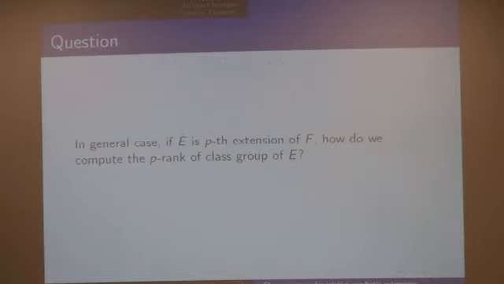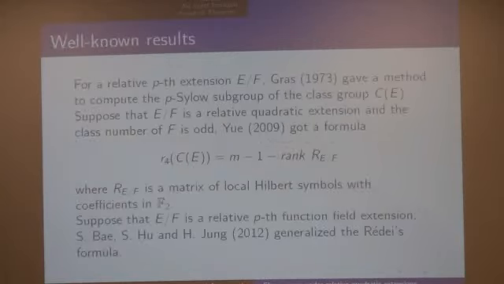The question is, in the general case, if E is a p-extension of F, how to compute the p-rank of the class group of E? We know the result for the relative quadratic extension E of F: Rédei and Reichardt gave a method to compute the 4-rank of the class group C_E. Suppose that E over F is a relative quadratic extension and the class number of F is odd.